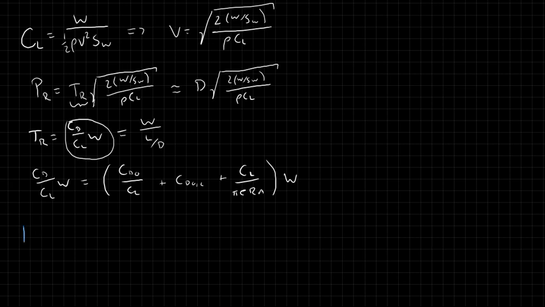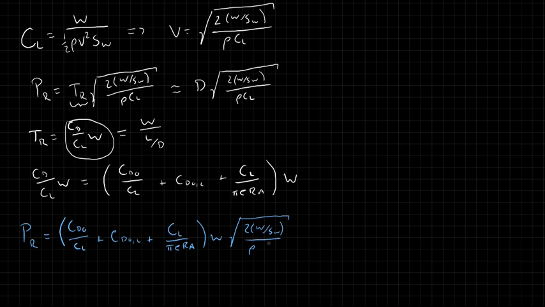Now we have a new expression for the power required, and it's going to look like this: C_D0 over C_L plus C_D0,L plus C_L over pi e AR, times W, times root of 2W over S_W over rho C_L.